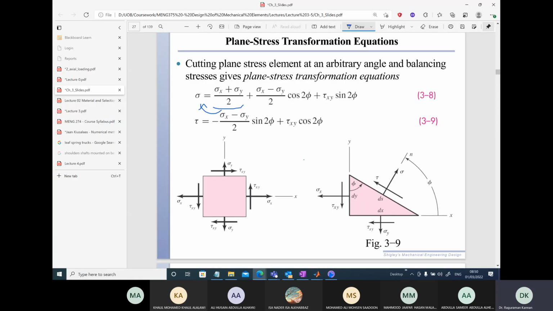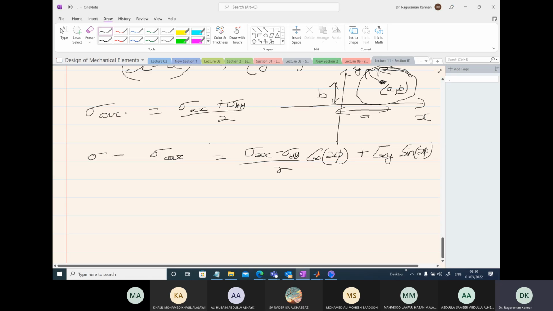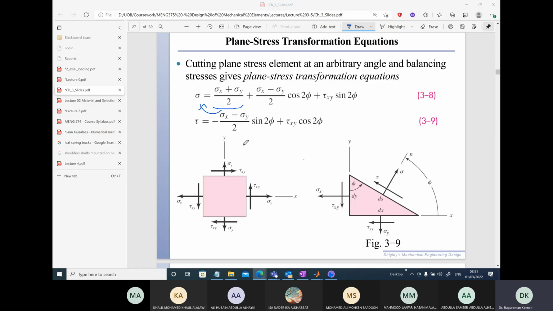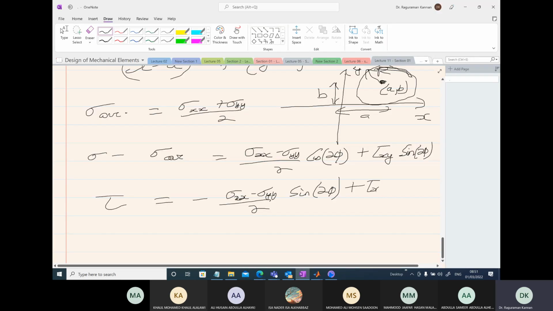Then we have the second equation. I'm going to write the same equation, tau is equal to negative sigma xx minus sigma yy over 2 sine of 2 phi plus tau xy cosine 2 phi.